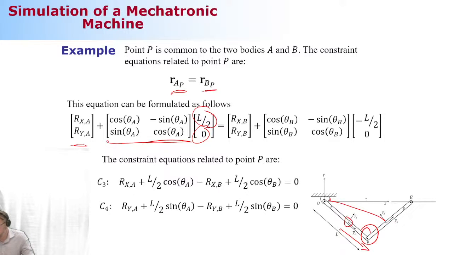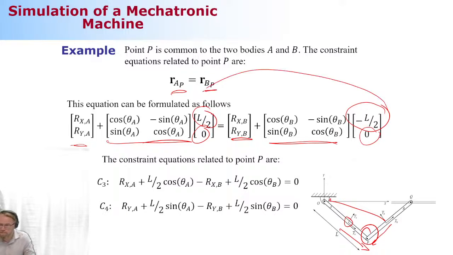We go here with the help of this guy here. We take the body orientation into account, and then we travel backwards, minus L divided by 2, 0. You move everything to the left side of the equation. That's your second set of equations. Clear.